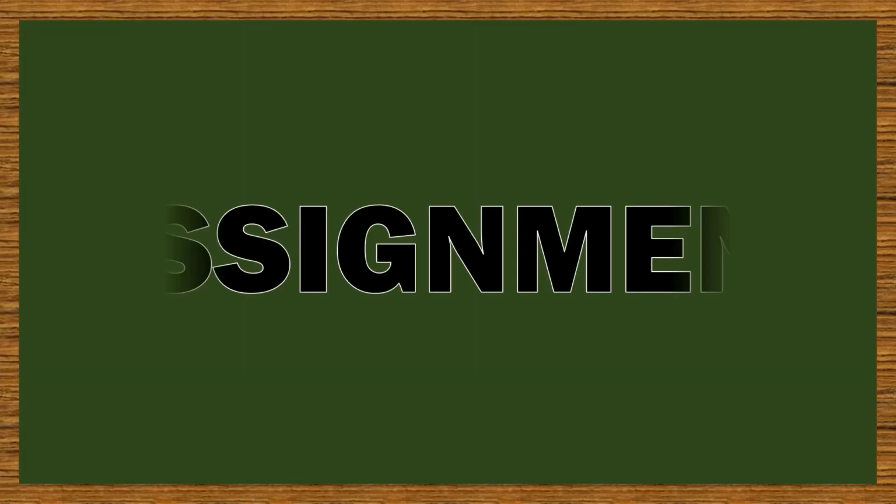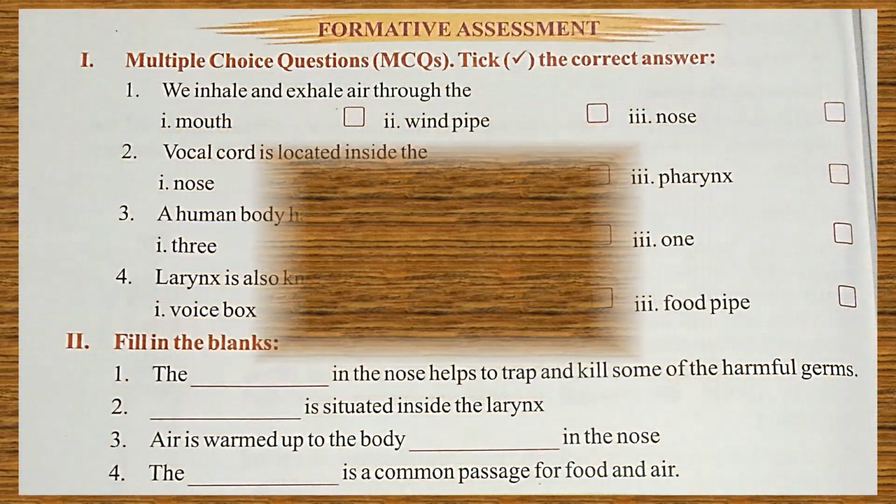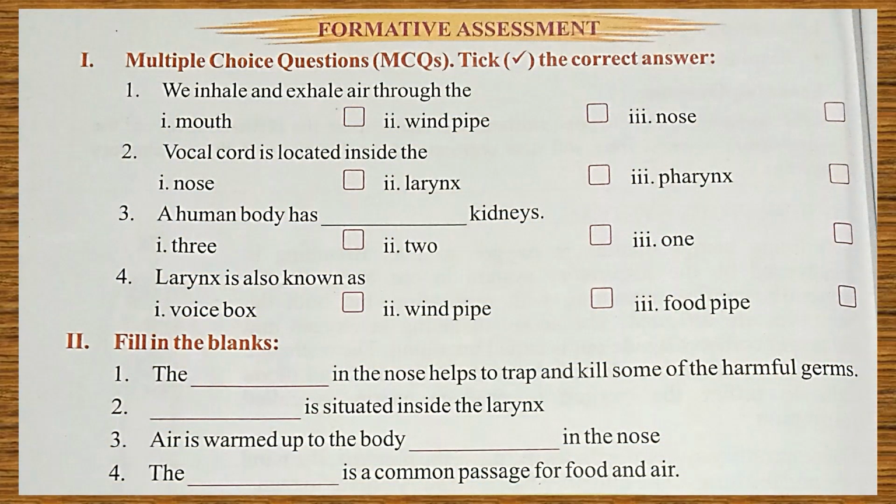Now, with that, we have come to the end of today's class, and for your assignment for today, I want you all to please answer the questions that are present at the end of the chapter in your textbook. Answer the objective type questions, that is your number 1, multiple choice questions, all the four questions.